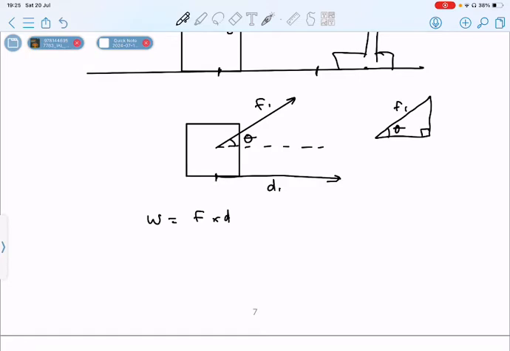We're trying to find the force. So force is the adjacent. F1 is the hypotenuse. So cos theta is equal to the adjacent, which is force, over F1. So force will be F1 cos theta. So your work done will be F1 cos theta times D1.